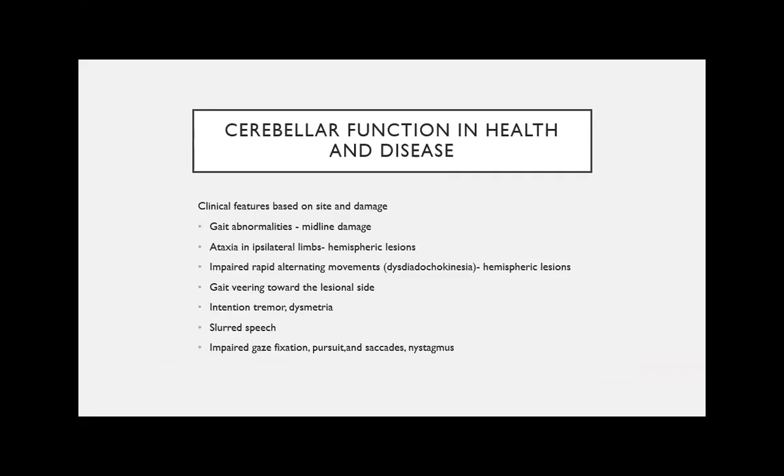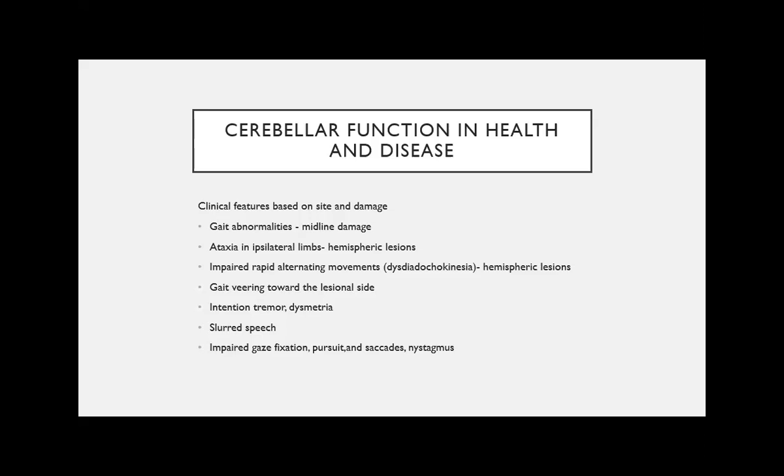Coming to cerebellar function in health and disease. Whenever the cerebellum is in disease, it manifests as clinical features. It includes gait abnormalities whenever there is midline damage, ataxia in ipsilateral limbs when there is a hemispheric lesion, and impaired rapid alternating movements or dysdiadochokinesia in hemispheric lesions.